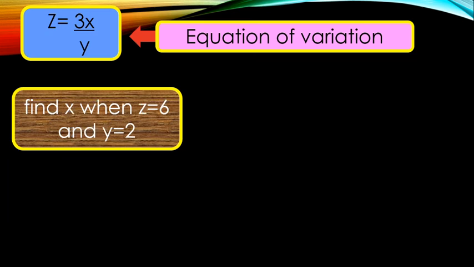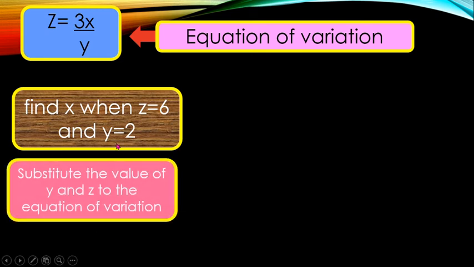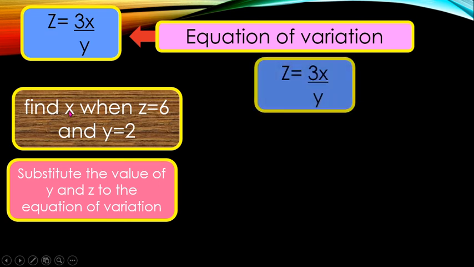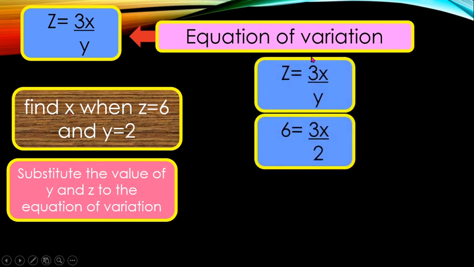Another, find x when z is 6 and y is 2. All you have to do is substitute the value of y and z to the equation of variation because we already have here a given for z and y to solve for x. Again, use the equation of variation. Substitute z, that is 6, and the y here, that is 2.